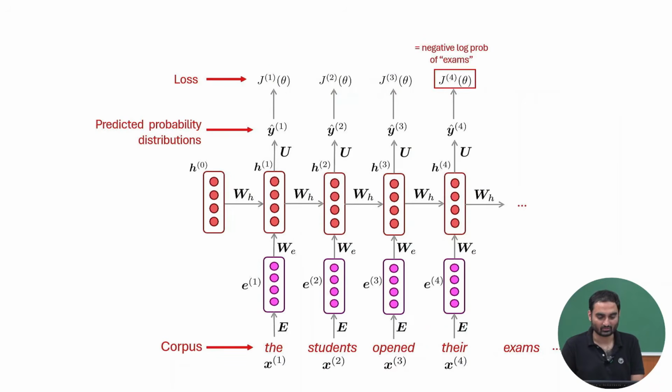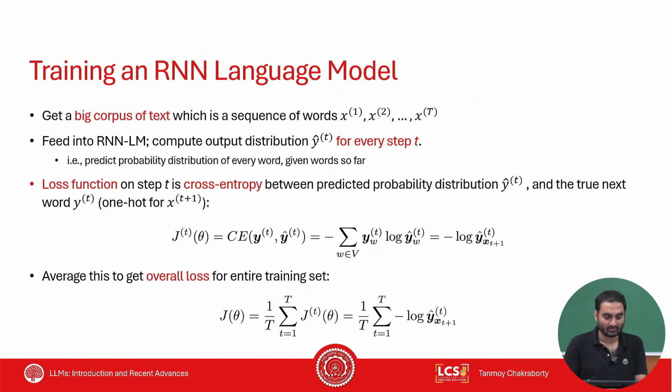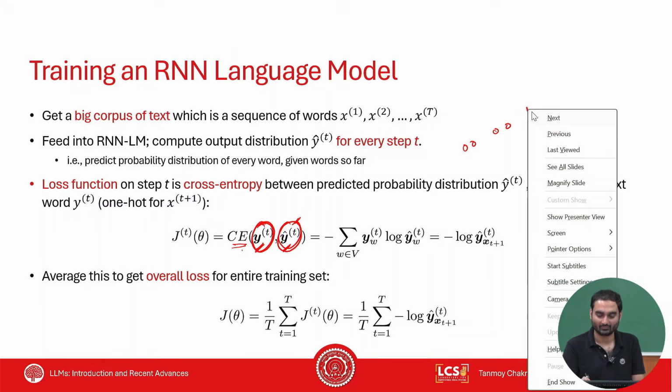Now let's look at the cross entropy a bit more carefully. I already mentioned cross entropy in one of the classes. Cross entropy here is basically happening between the predicted embedding and the actual embedding. Y hat is the predicted one and y is the actual one. The actual one is a one-hot encoding, so it means all zeros except only one 1.